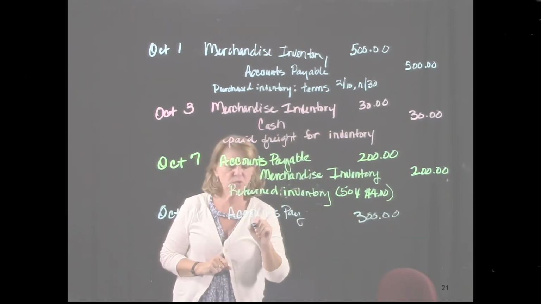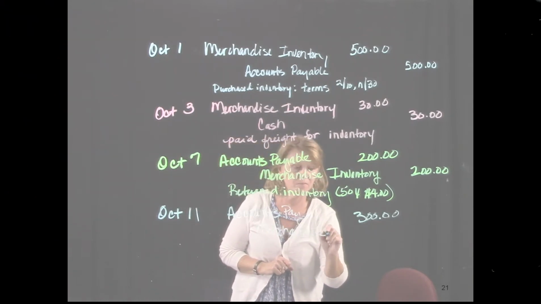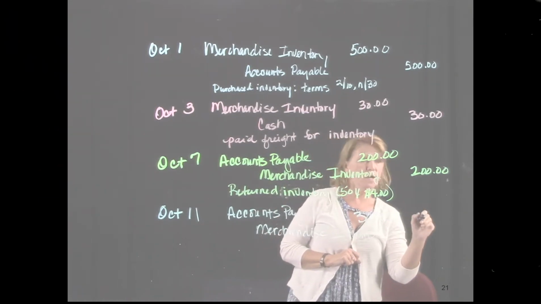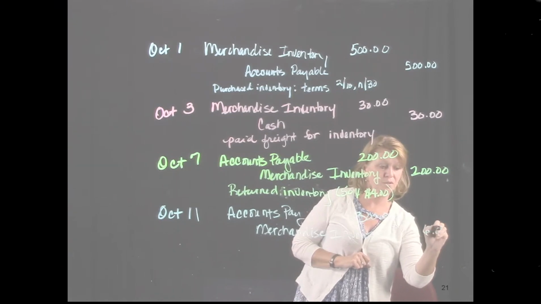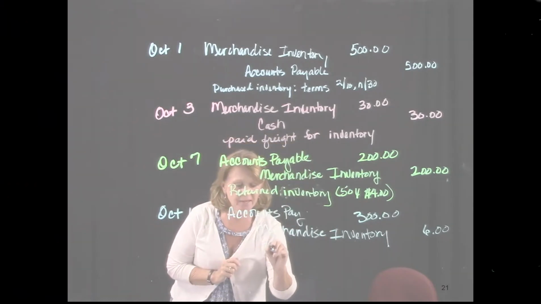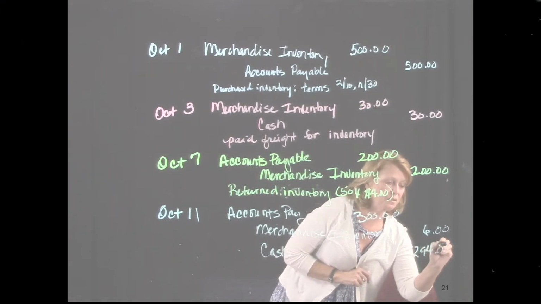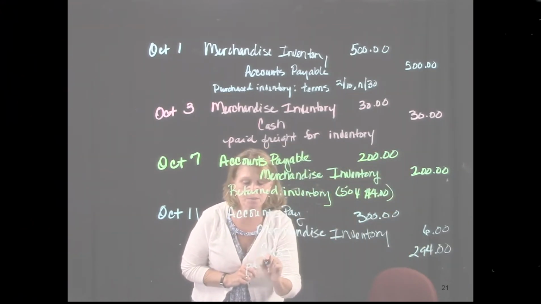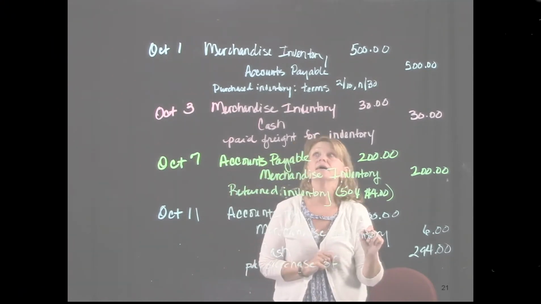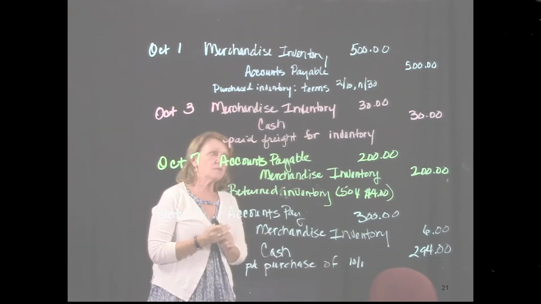And we reduced merchandise inventory by $6 because we got a 2% terms discount on this, and we paid out cash for $294. Paid purchase of 10/1. This one right here, October 1. So that's what it would look like.